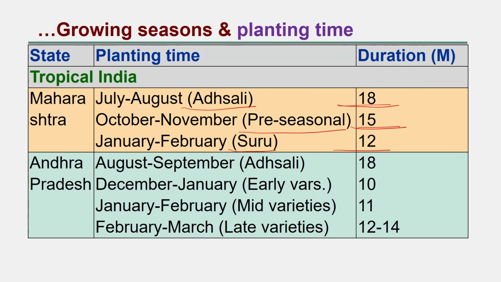Now see the planting time in Andhra Pradesh. It is August to September, called Adasali, and it takes 18 months. December to January is for early varieties, 10 months. January to February for mid varieties, it is 11 months. February to March is for late varieties, 12 to 14 months.